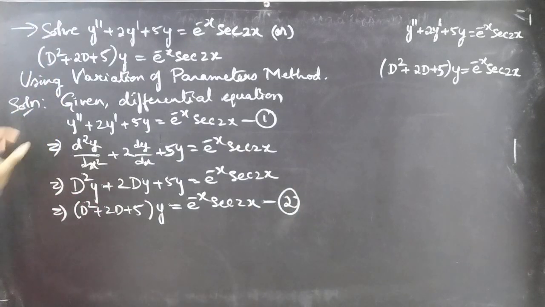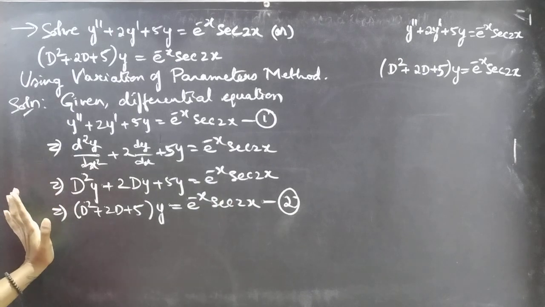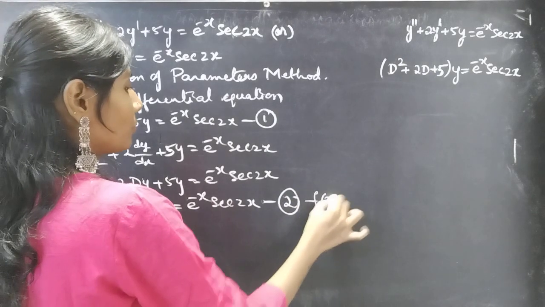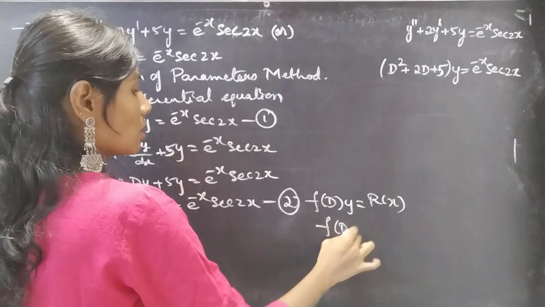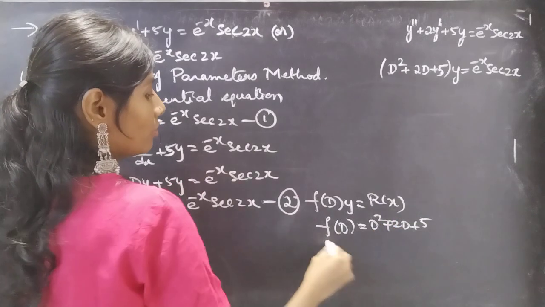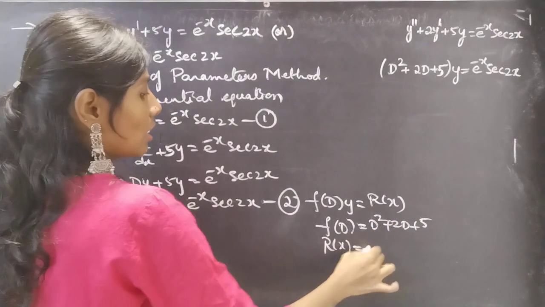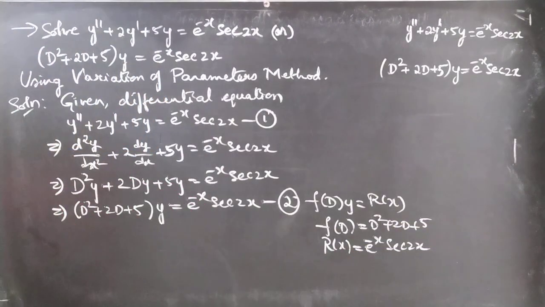Now see, equation 1 in operator form is equation 2, right? So f of D into y equal to some function of x, where f of D is D square plus 2D plus 5 and R of x is e power minus x secant 2x, right?